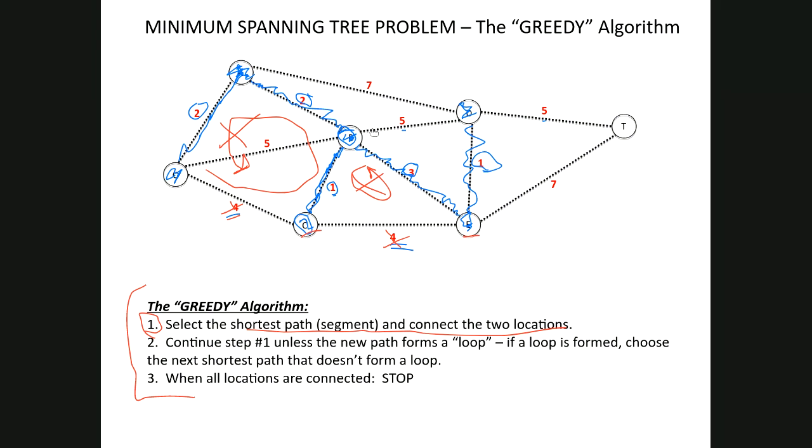So we're not going to be able to use this 5, but let's see what happens if we pick this 5. In fact, yes, because there we can connect this location along this path to T, and we've connected all locations, so now we can stop.